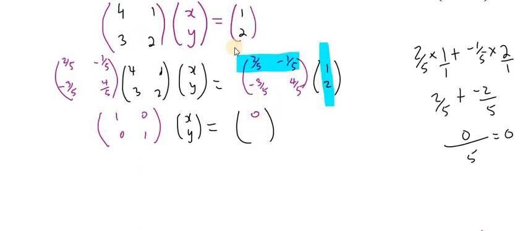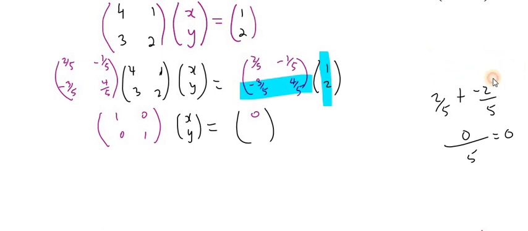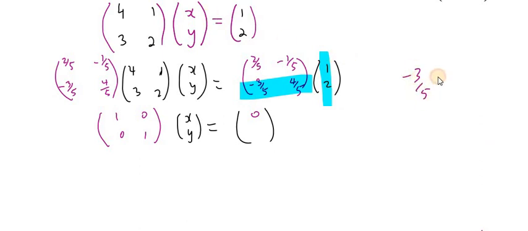We don't have any more columns, so we just go down to row 2, which is down here, and multiply that. Again, you can use your calculator if you can store the inputs. That's important, so that you don't waste time. So negative 3/5 times 1, first by first, added to 4/5 by 2, second by second.